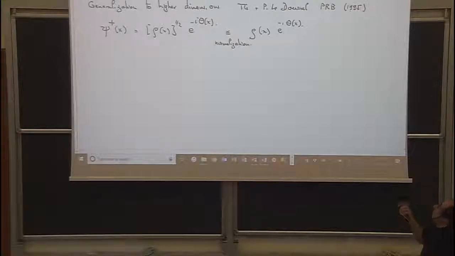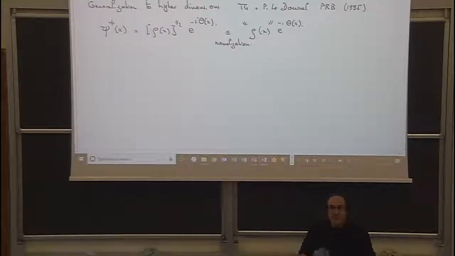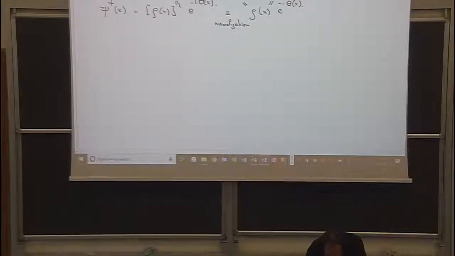Yes. So I shouldn't have written this. And again, I'll make it more precise in a second when you compute the correlation function. So maybe what I should say is that if you want something which is suitably normalized, I would say I have something which starts with rho to the 1/2 exponential of minus I theta of x.